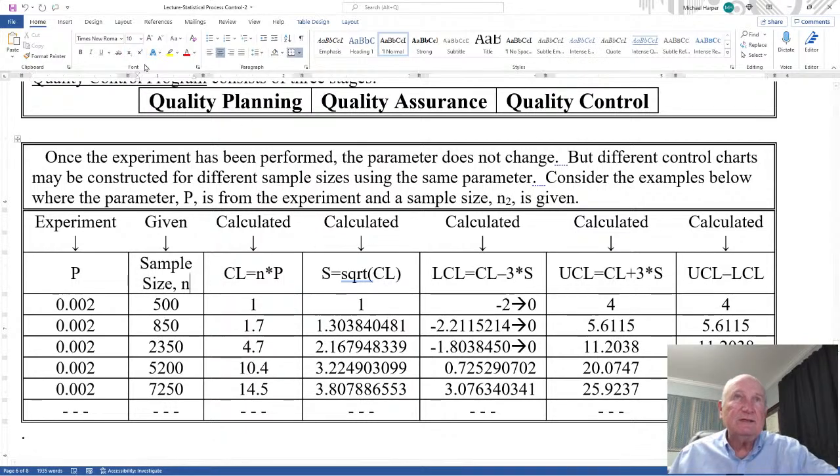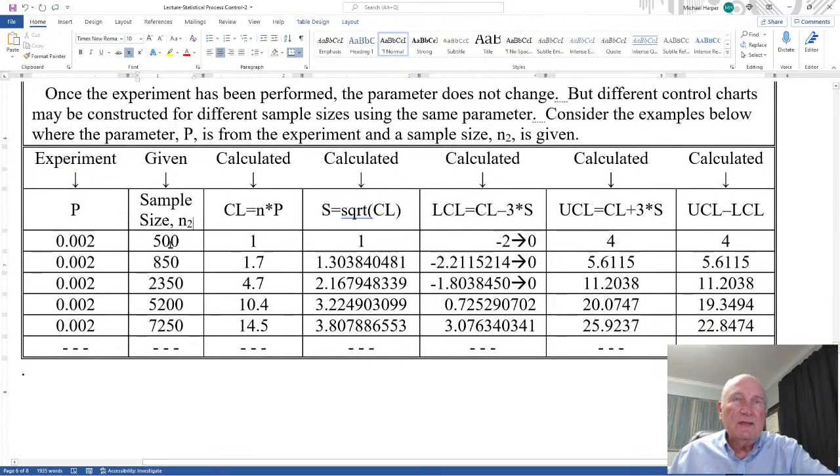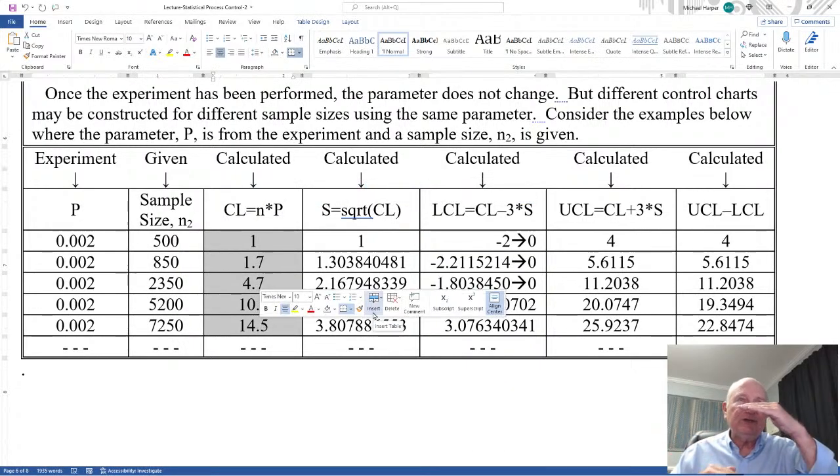And down here's the N2. This time when this goes up, notice N is part of the center line. The center line gets larger. So remember with the P chart, the center line didn't change. But with the C chart, if the sample size goes up, the center line increases. So it actually gets larger.